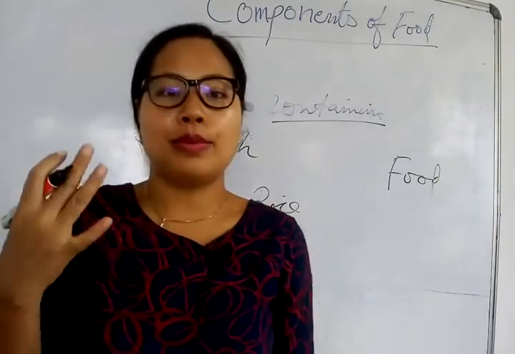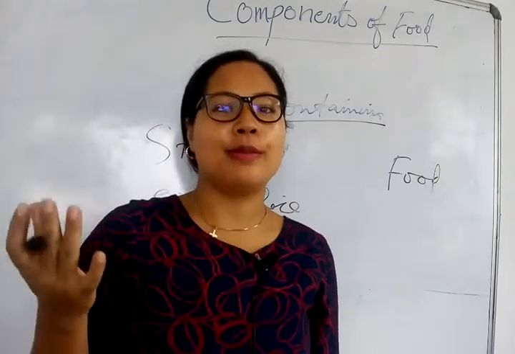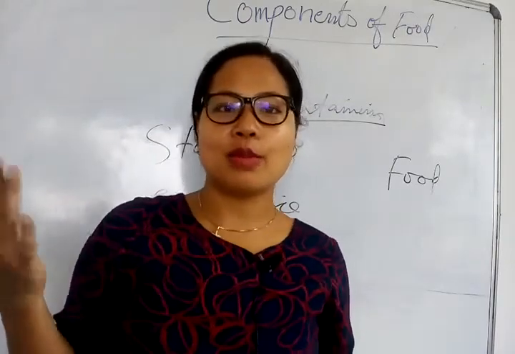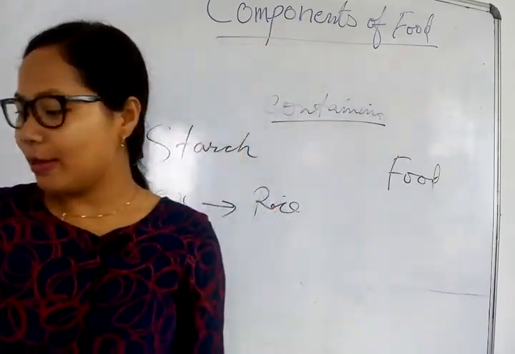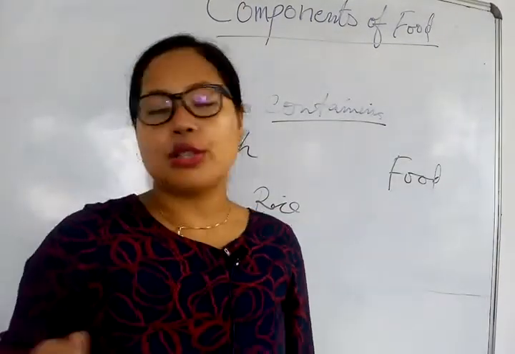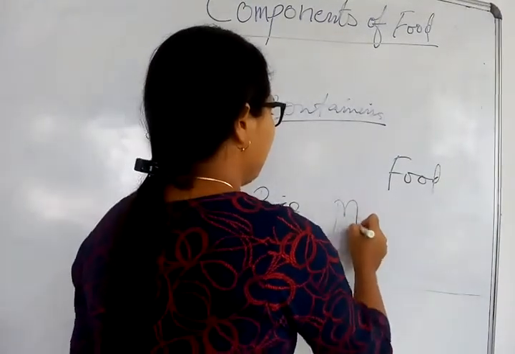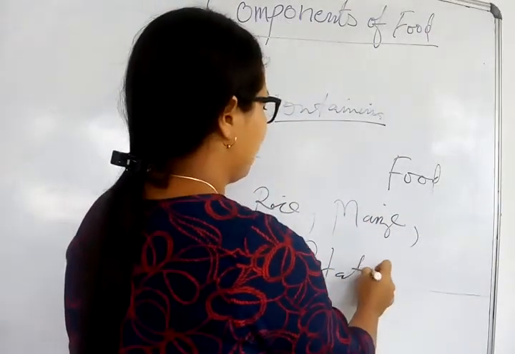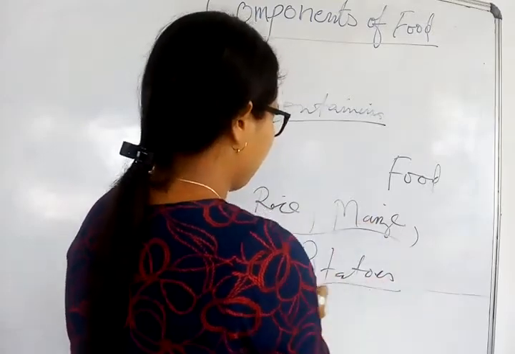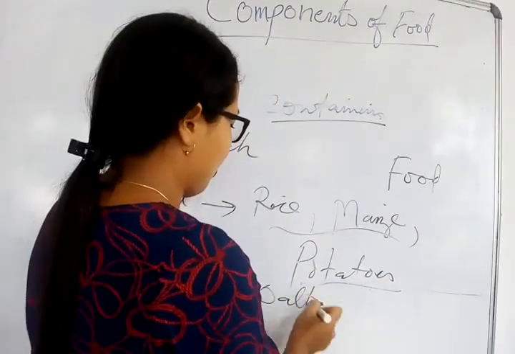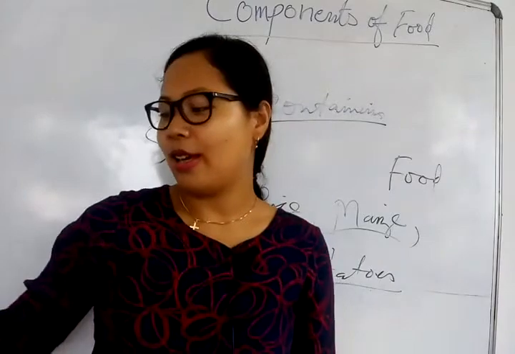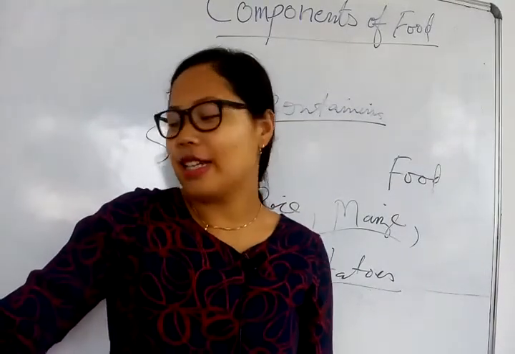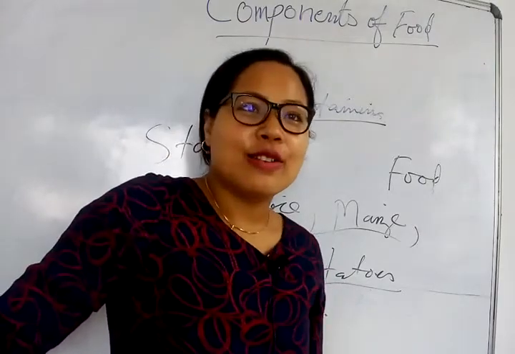Some people like to eat rice almost every meal, like lunch or dinner. Mashed potatoes, this also, and potatoes. And what else? Oats. Some of you like oats very much, so you should know it contains starch.